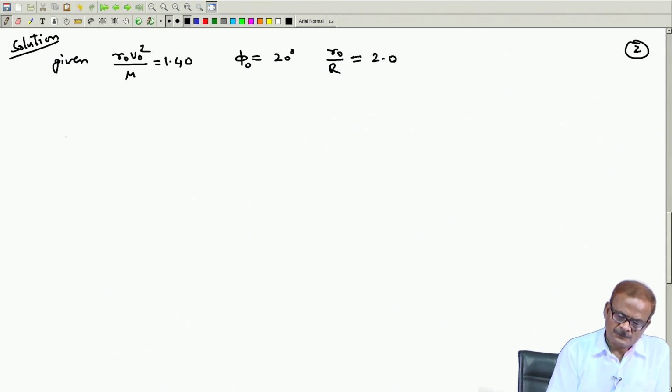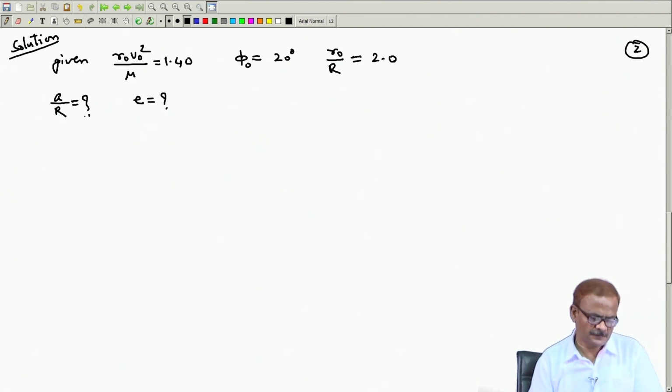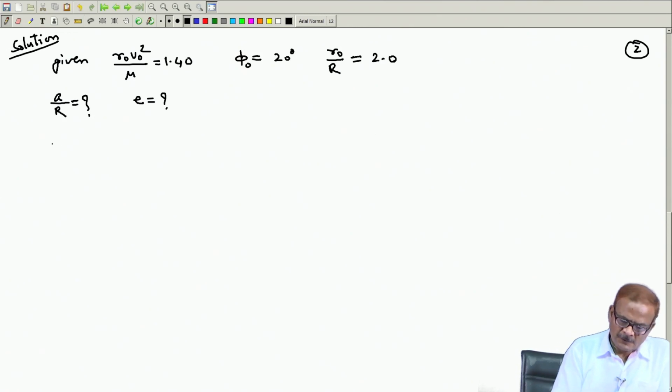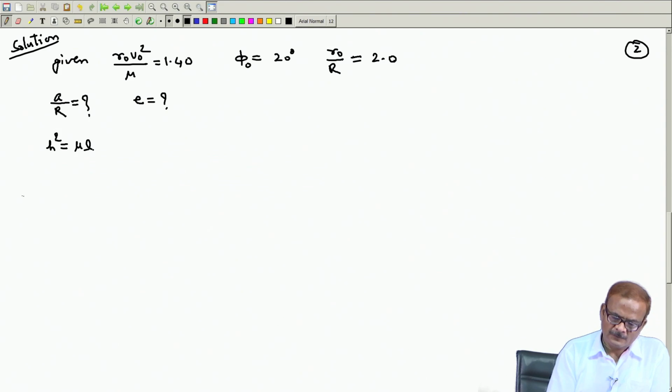Okay. So, we have to get the value of what is A by R and what is the eccentricity. These two things we have to determine. We start with h square equal to mu times L.